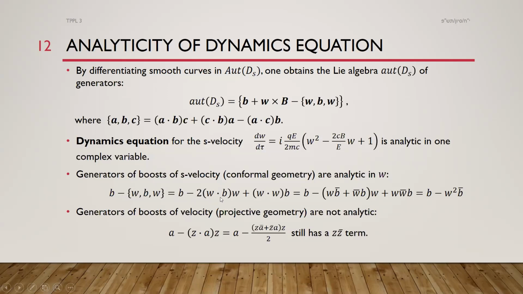You write down what the definition of the triple product is, and the W bar term cancels out, and you're left with an expression which is analytic in W. If we had tried the same trick of complexification with the projective geometry, where the generator of a boost was this one, A minus Z dot A Z, it won't help you to get analytic because you'll still have a Z bar term. So you get the analyticity only with the conformal geometry.